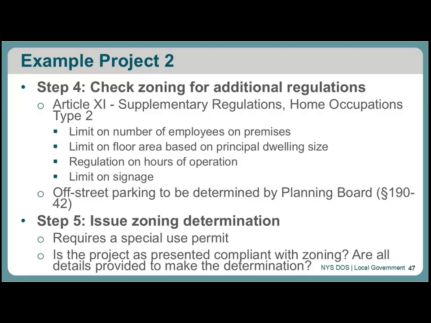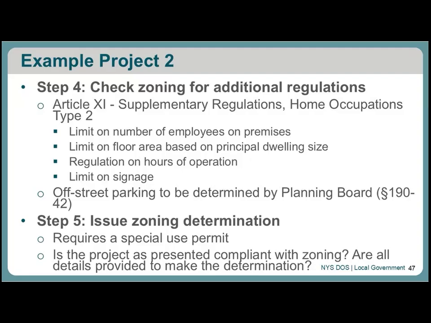There are regulations for hours of operation that are 8 a.m. to 6 p.m. So that's something that this applicant would need to consider, because a salon may need to be open in the evening, so this might impact how she feels about this proposal. And there were considerations for signage for a type 2, no sign allowed for a type 1, and then off-street parking is determined by the planning board for the type 2.